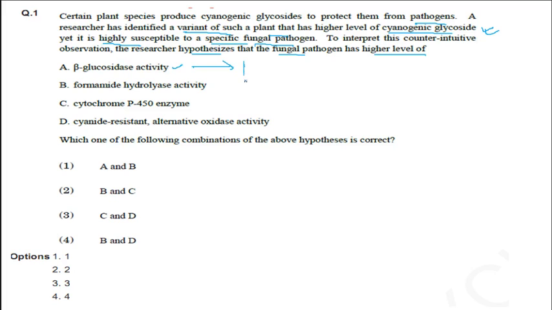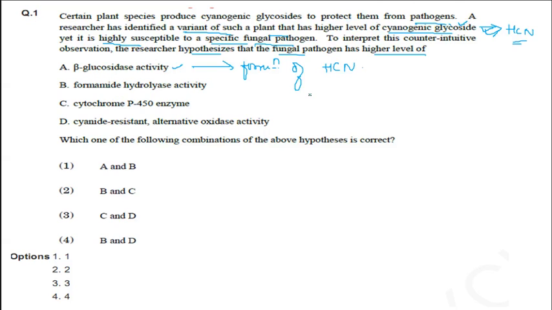Okay, so the concept I would like to give you, that cyanogenic glycosides are stored in the non-toxic form, and when the plant parts are crushed by any pathogen, then only the cyanogenic glycoside produces the toxic substance, which is hydrogen cyanide. And this beta glucosidase, what do they do? Since this is a glycoside, so beta glucosidase breaks this glycoside to release HCN. So if HCN is released, in that case fungal will not grow, but here fungal is growing, so this will not be the enzyme.